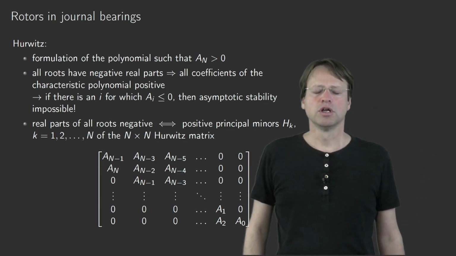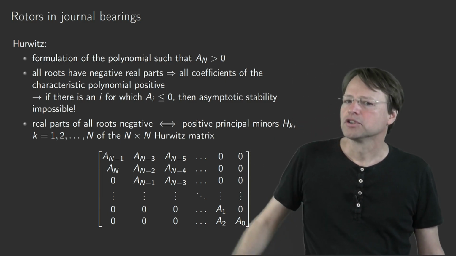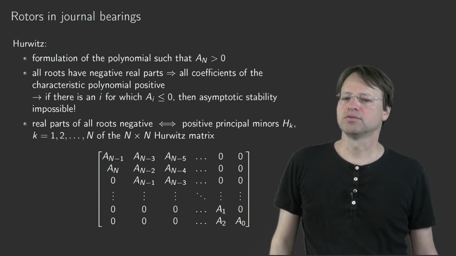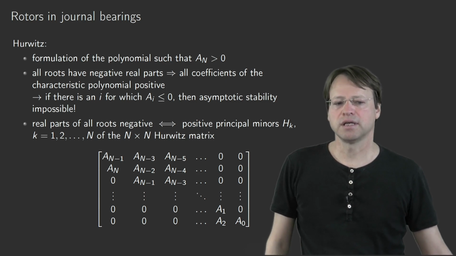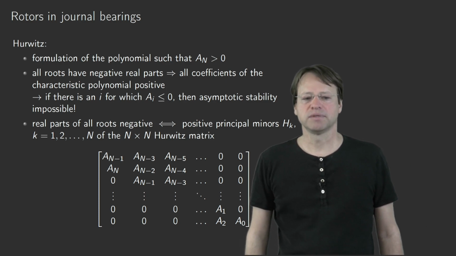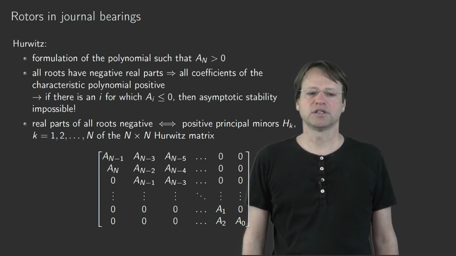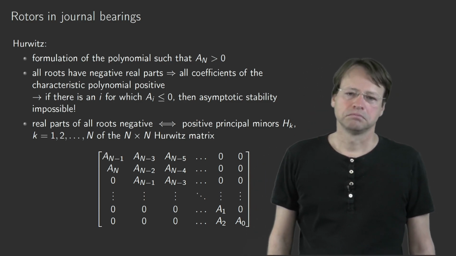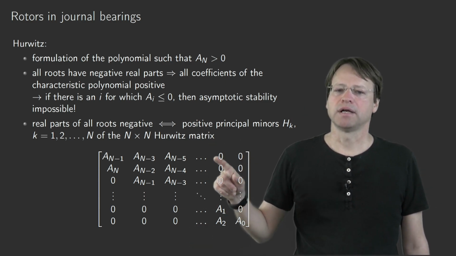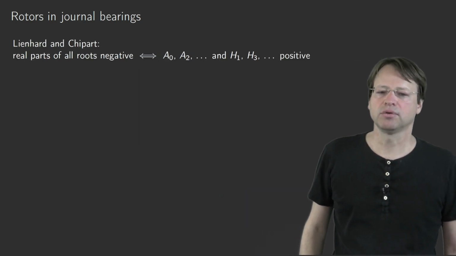That's a big advantage. Now you might argue that, well, that's a lot of work, right? Just checking the coefficients is much less work than checking the Hurwitz matrix. Can we do things a little bit simpler? And this answer has been given. First of all, there has been a simplification of this result, which is due to Lienard and Chipart. They said it's not necessary to check all the minors if we check these coefficients of the characteristic polynomial.